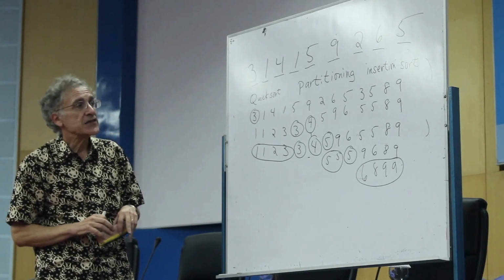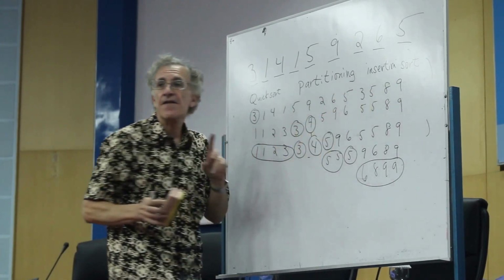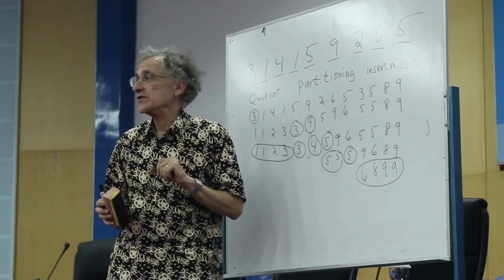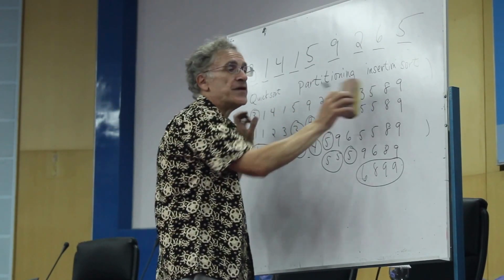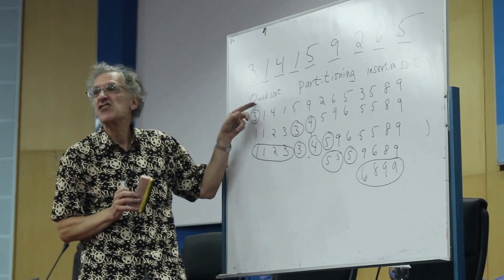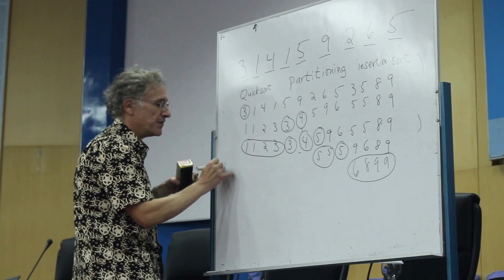So the algorithm is, if you have a list to sort, if the list is short, use insertion sort. Otherwise, partition the list into two pieces and use quicksort recursively on both sides. This uses recursion.